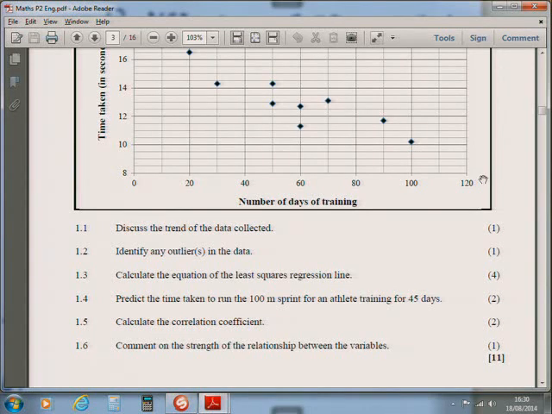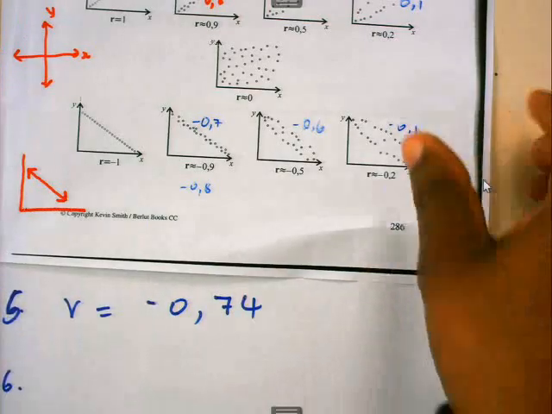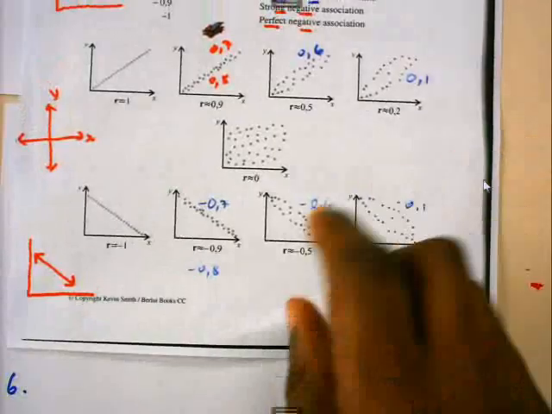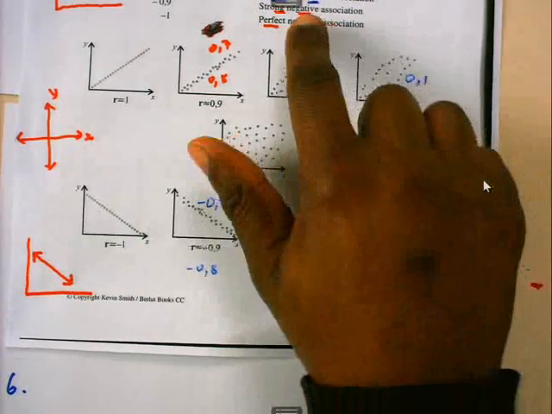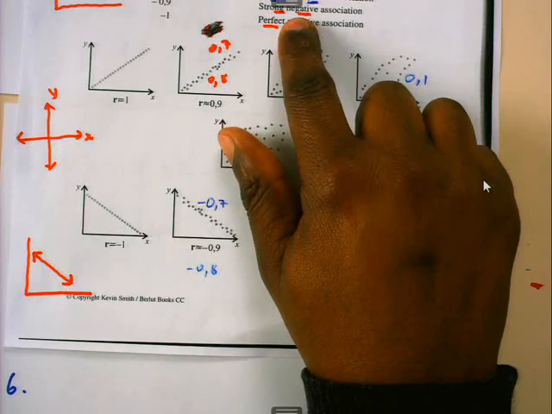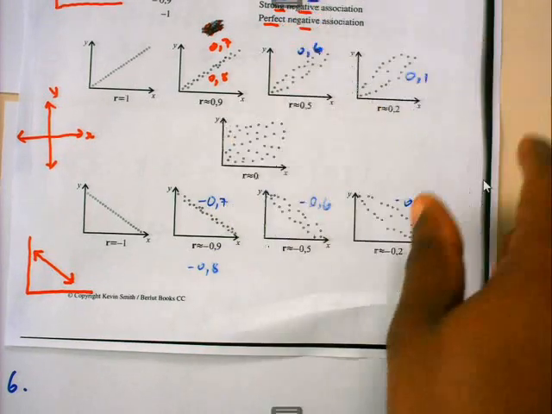Now once it's a negative association, we check on our notes just to make sure. Comment on the strength. Now negative 0.7, here we are. It's a strong negative association.